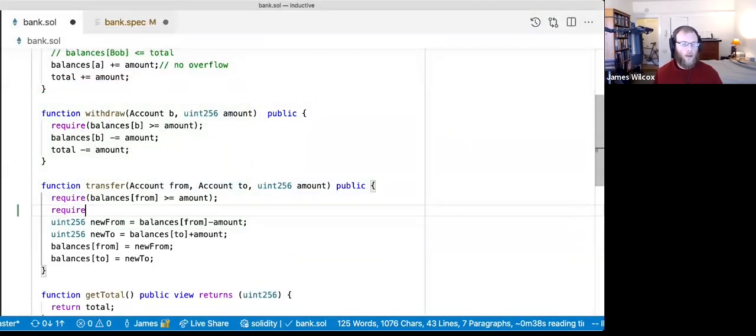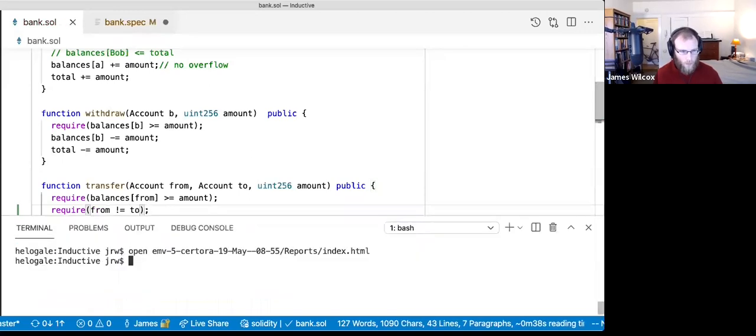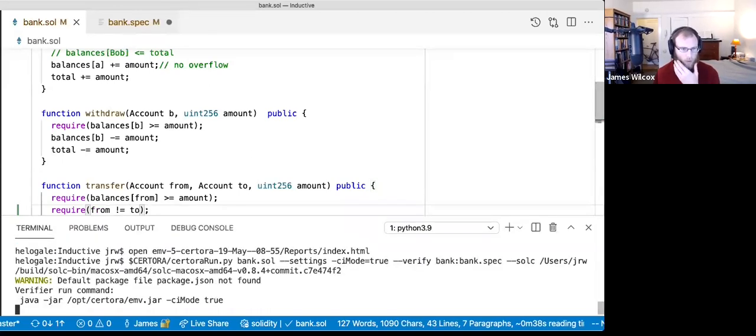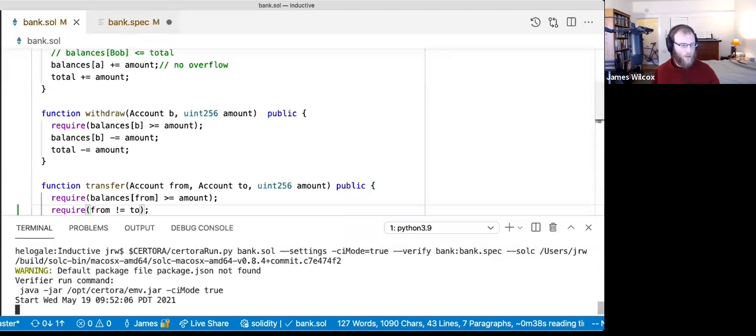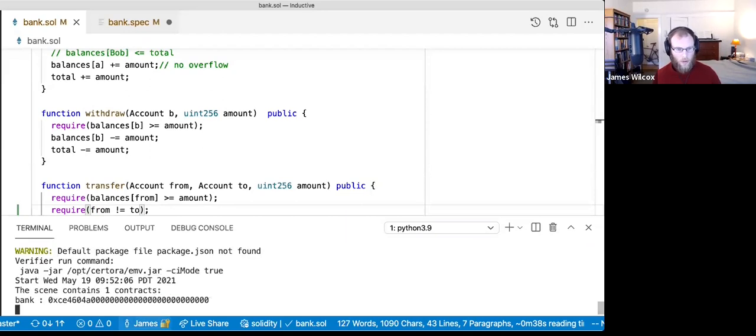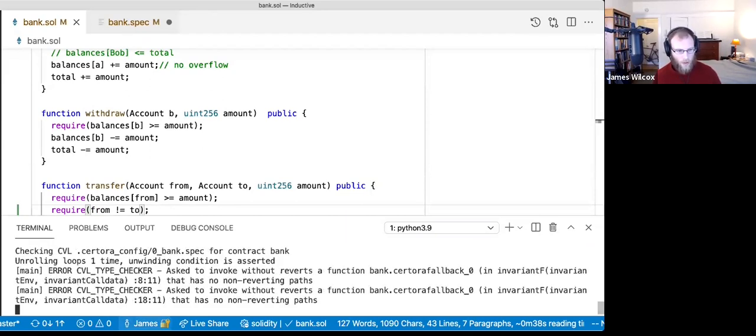If we put require from not equal to to here and rerun that, it'll take a couple of seconds, but we should be able to see a bunch of green rows in our report at the end of the day.